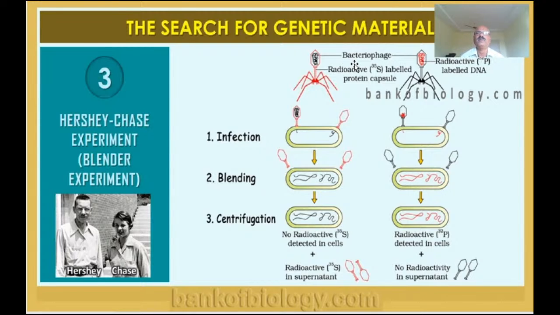In this bacteriophage, radioactive sulfur S35 is there. In this other bacteriophage, P32 is there. In the first, the protein coat possesses S35. In the second, DNA possesses P32.